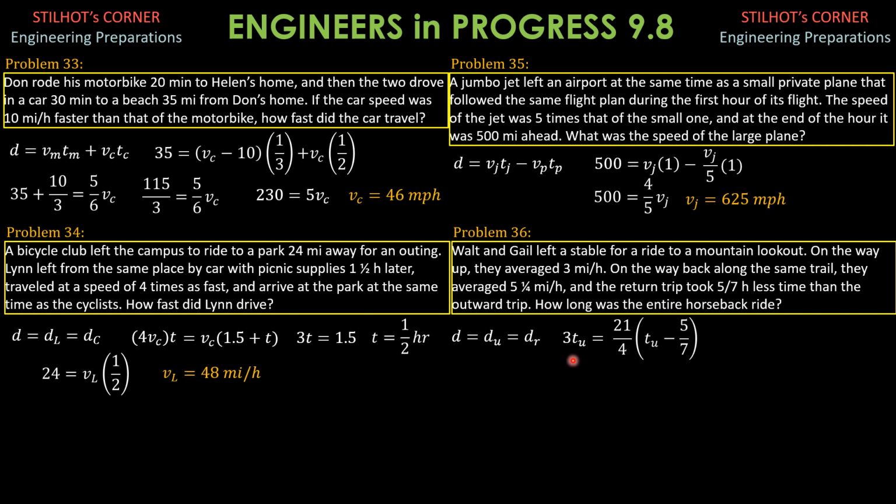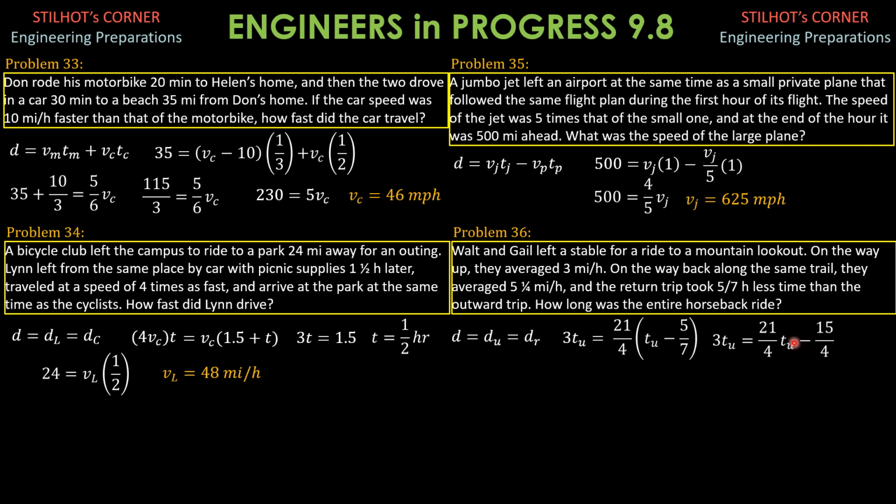So simplifying, 3t sub u equals 21 over 4 t sub u minus 15 over 4. 21 over 4 times negative 5 over 7 is 15 over 4.